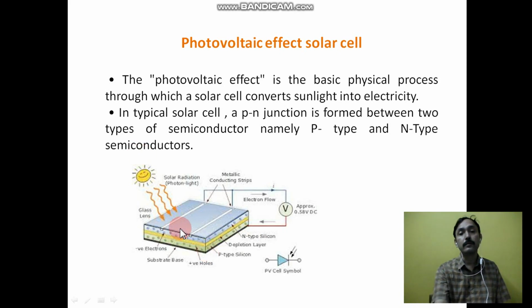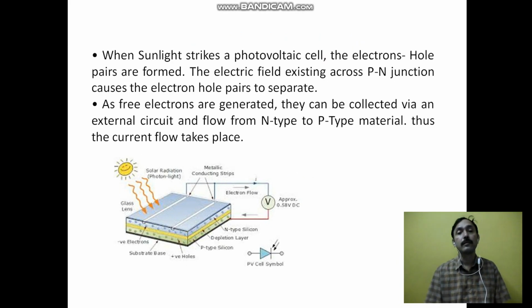Light is falling on the glass lens. So this glass lens will converge the light and make it fall on the p-n junction diode. We are going to discuss the construction in different slides. When sunlight strikes a photovoltaic cell, electron-hole pairs are formed.